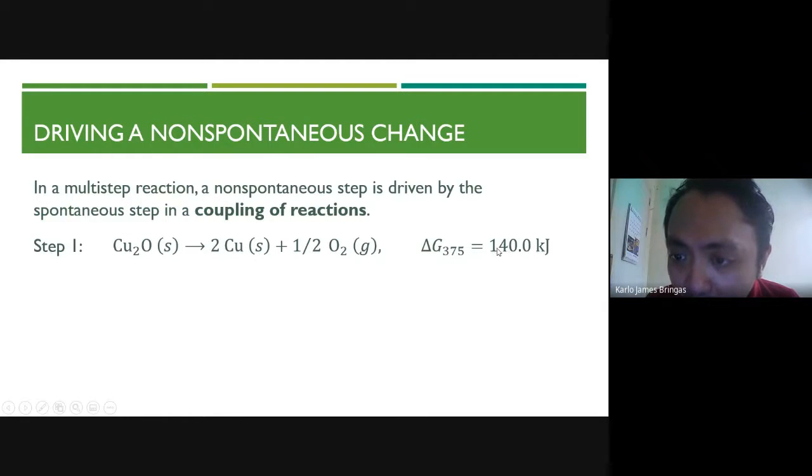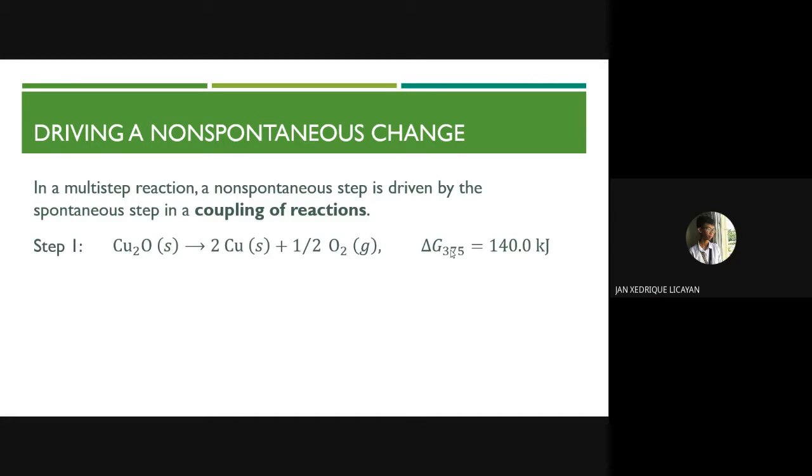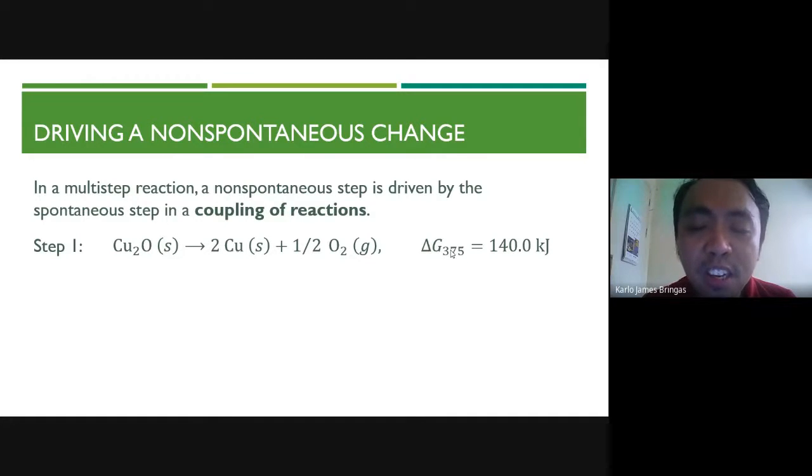So, can you please recall for me, when delta G is positive, what does that mean for us? Is it a spontaneous reaction or non-spontaneous reaction? Non-spontaneous. Okay, thank you so much. So non-spontaneous. Unless we add some energy, step 1 will not occur.